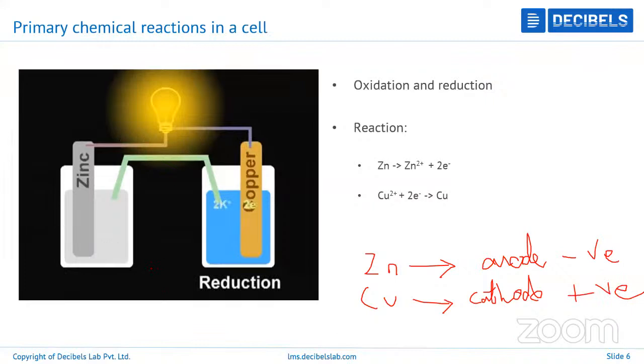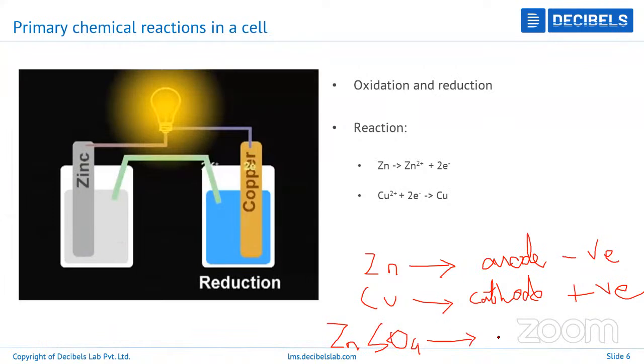Okay, so when this cell is constructed, it is not just zinc and copper that act as the anode and cathode, right? So it has to be put into some sort of a salt bath. Okay, and that salt bath is exactly what is the electrolyte. Yeah, so your electrolyte is usually some sort of a sulfate salt, so zinc sulfate.